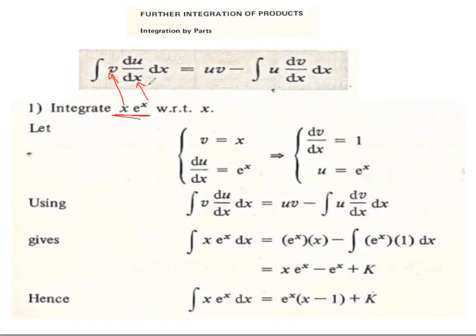Now, before I go any further, do not assume that because the function is written like this, then x automatically becomes v, and e to the x becomes du/dx. No, it doesn't mean that. There are times when the factor that is behind might very well be what you should make v, and the factor in front should be du/dx.